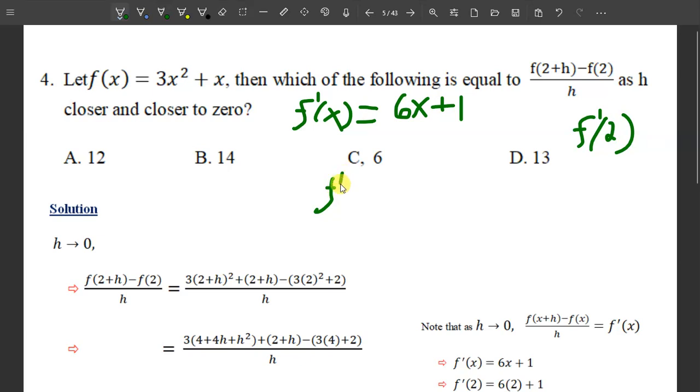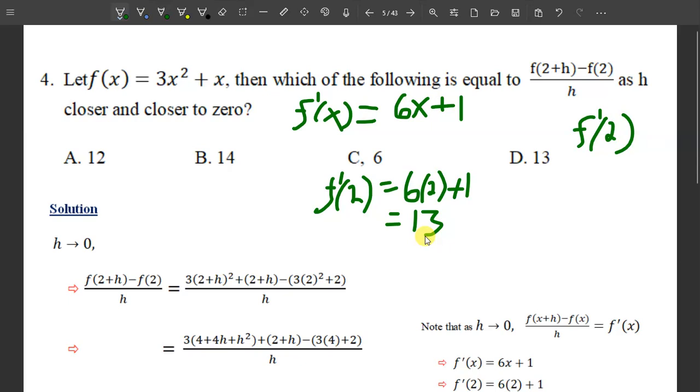F prime of 2. When our x is replaced by 2, the result is 6 times 2 plus 1. 6 times 2 gives us 12, and therefore the result is 13.